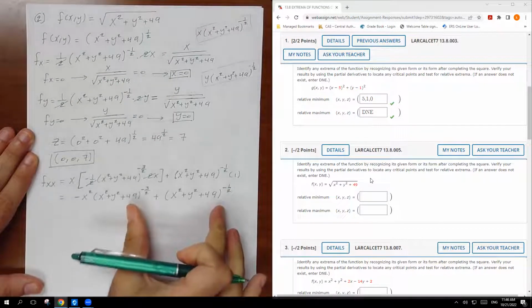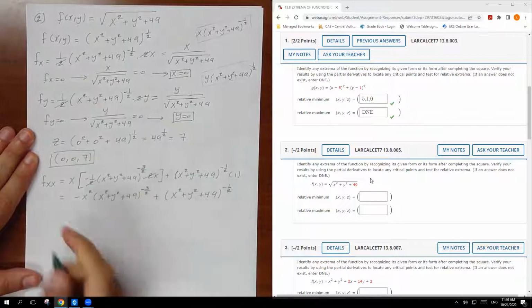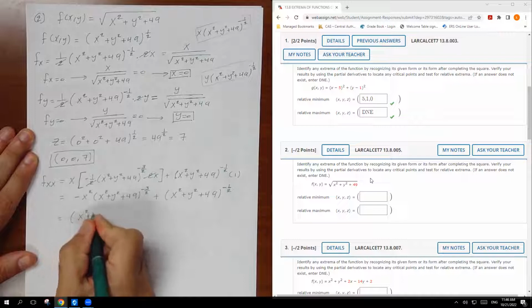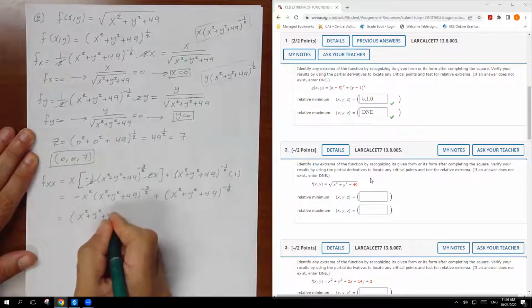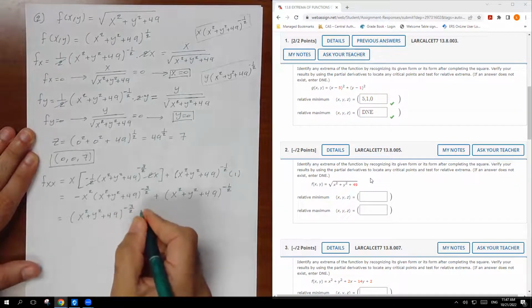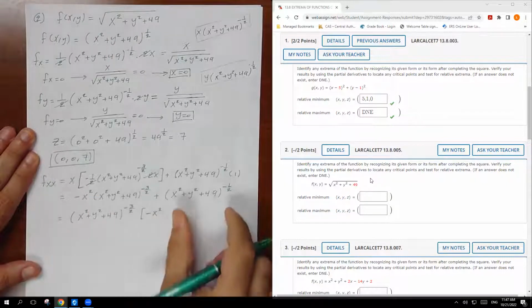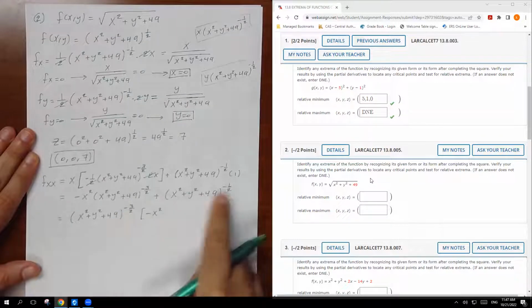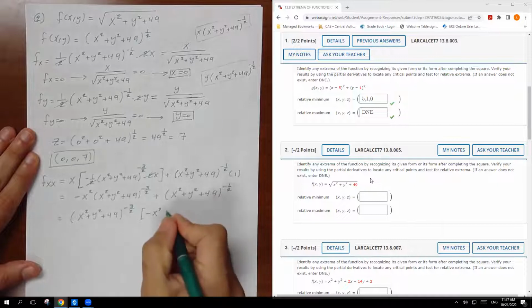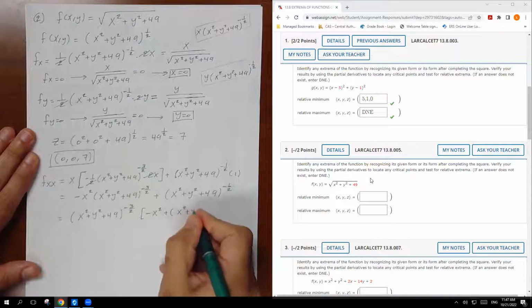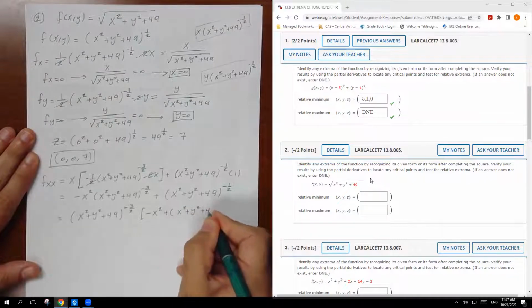Now I'm going to take as a common factor (x squared plus y squared plus 49) to the negative 3 over 2. The left is going to be negative x squared from this side, and from the other side, negative 3 over 2 times negative half, you're going to add it, it's going to be just 1, so it's going to be plus (x squared plus y squared plus 49).